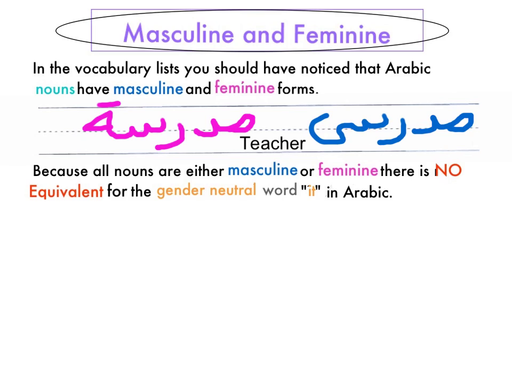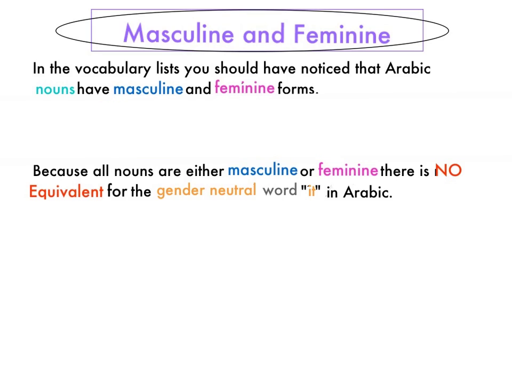Because all nouns are either masculine or feminine, there is no equivalent for the gender-neutral word it in Arabic. For non-human words also, we have feminine and masculine. For instance, bayt is masculine, a house, and shajara is feminine, a tree.